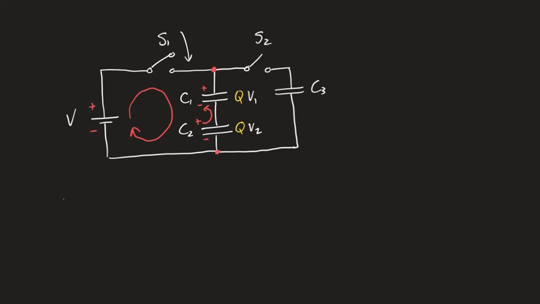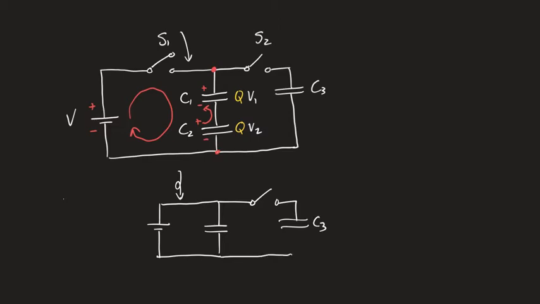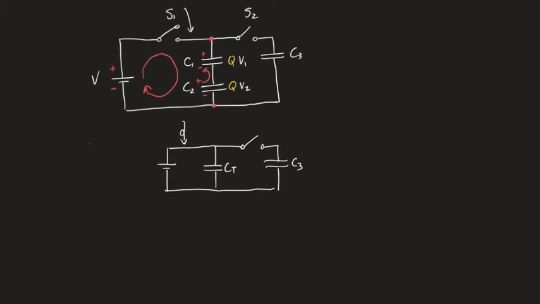In that discussion, we only talked about what it would take to replace C1 and C2 with a single capacitance, which I called C total. So what would we have to do if we wanted to replace it with one capacitor?